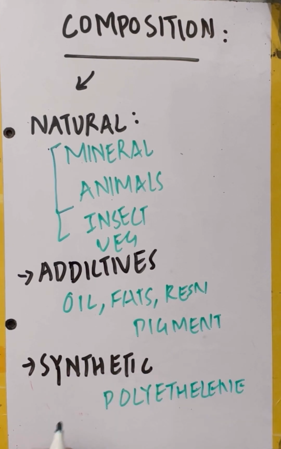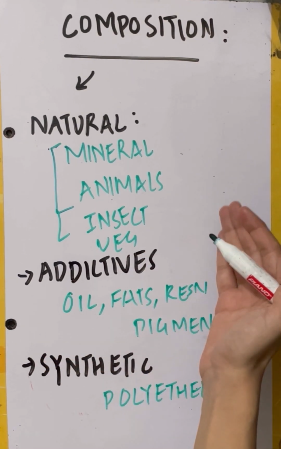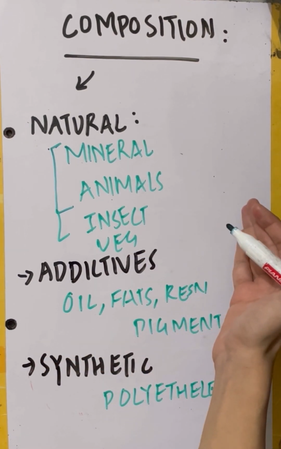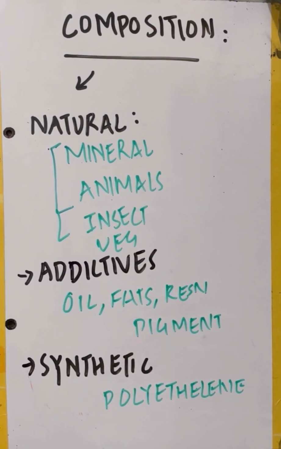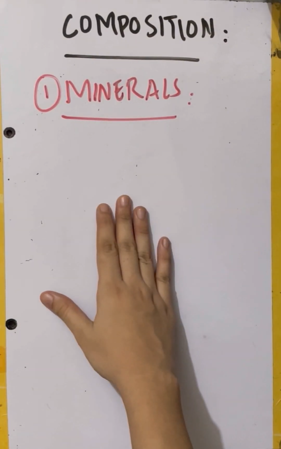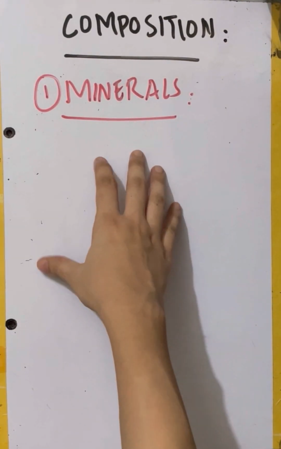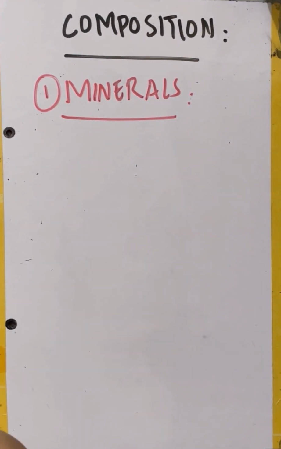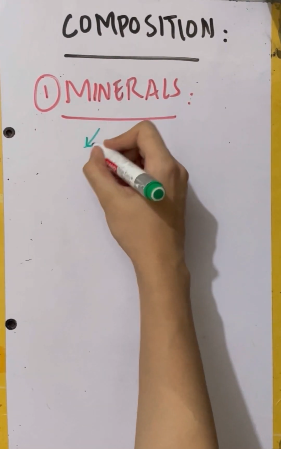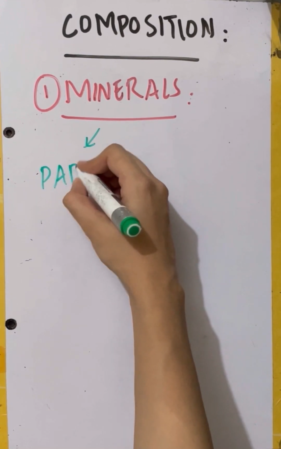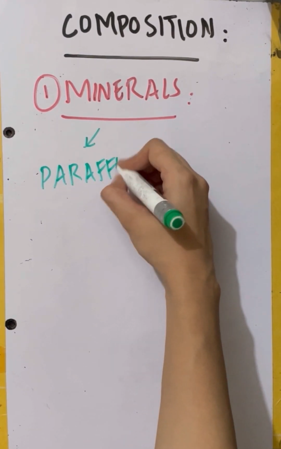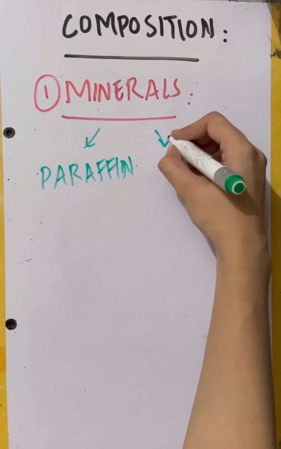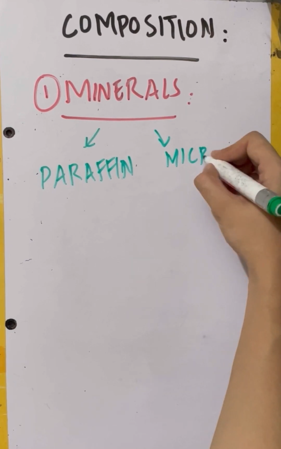These components have different functions and different contributions in waxes. If we discuss minerals, then minerals are petroleum residues, and there are two types of waxes which we get from minerals. The one is paraffin and the other is microcrystalline wax.